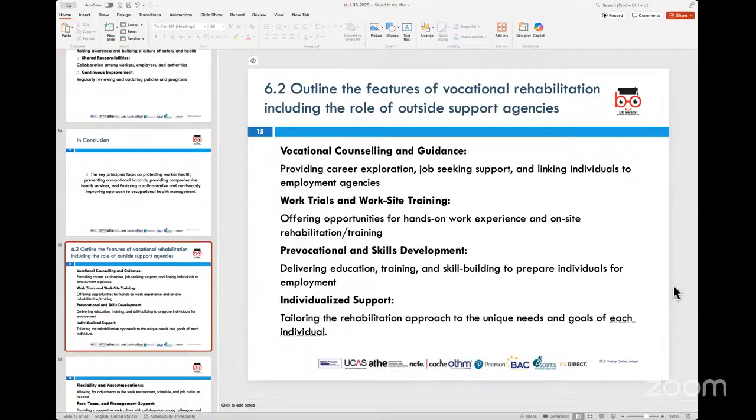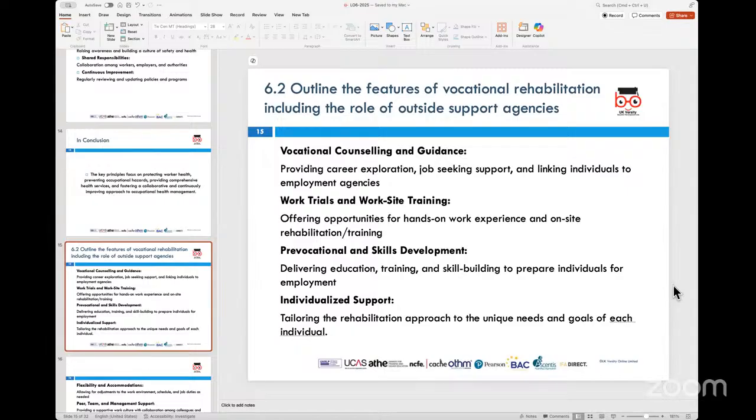And in such cases, to identify such risk factors, individualized assessments need to be carried out to ensure that the individual is able to meet those specific needs and there are no barriers for him or her to come back and start working in that role after they have had the illness or the injury.